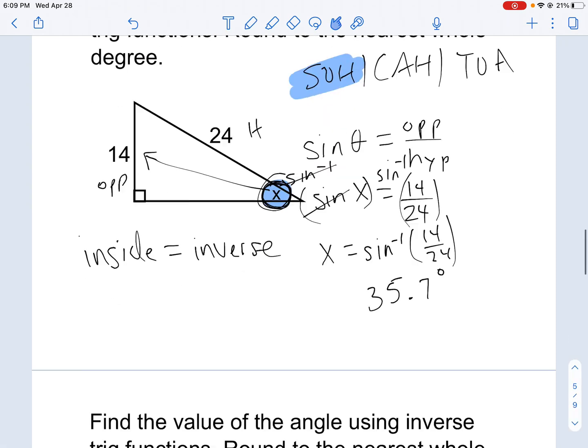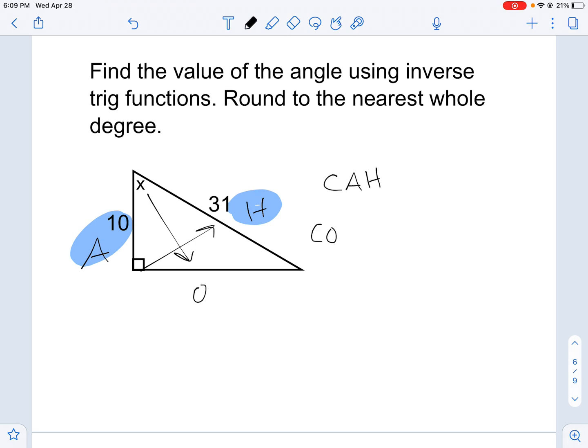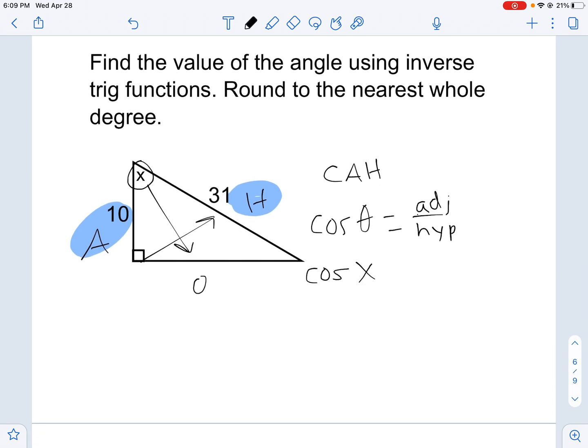All right, let's just do one more, and then we'll call it a day. All right, I've got my opposite, my hypotenuse, my adjacent. Let's see, that's A, H. So this is going to be cosine. So cosine theta equals adjacent over hypotenuse. So cosine, our theta is x, our adjacent is 10, and our hypotenuse is 31.